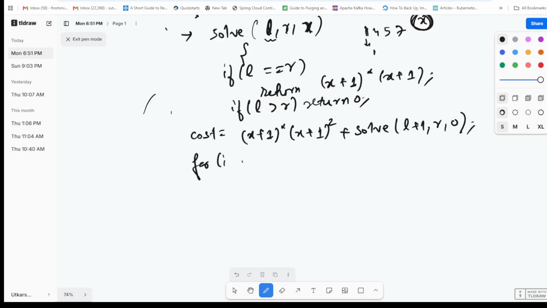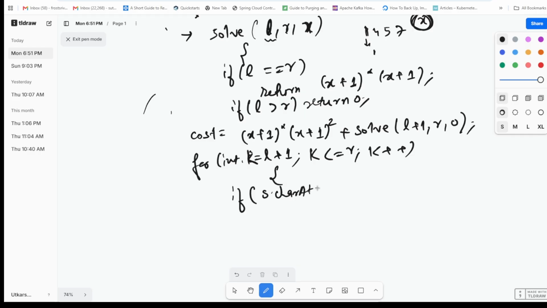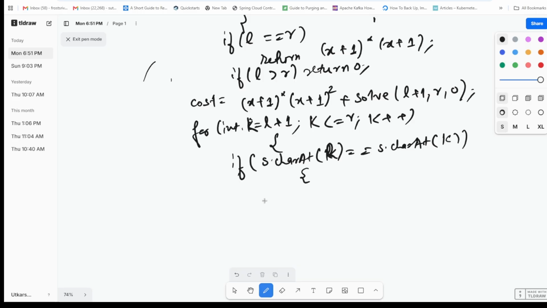And next we will match for all. Let's put k less than or equal to R, and k plus plus. We will match: suppose s is our string, s of L equals s of k. And then we will divide, as we have discussed.